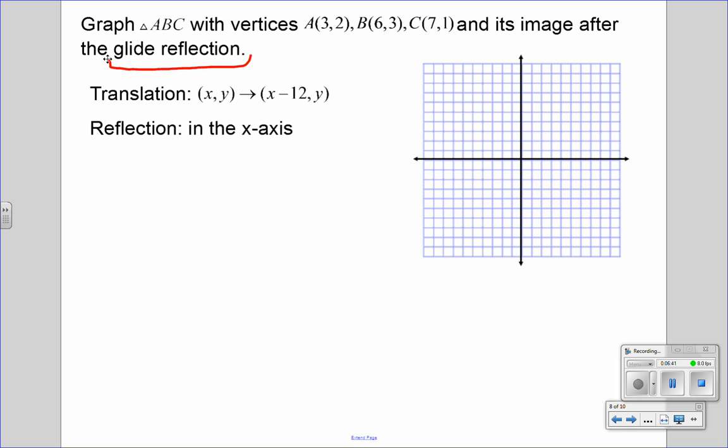So the first thing we need to do is write down the pre-image: (3, 2), (6, 3), and (7, 1). And then we're going to apply the translation first.